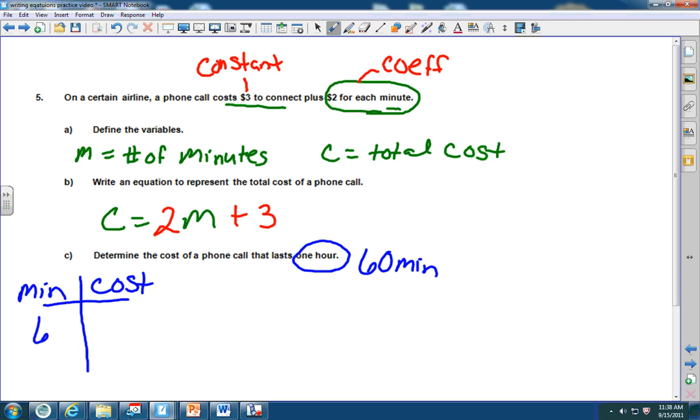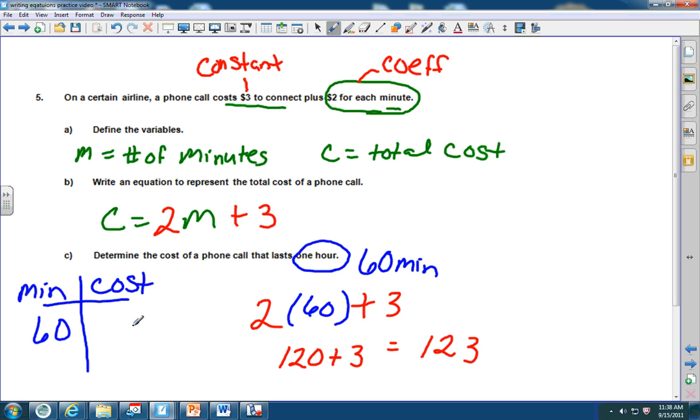So I'm going to look here where the minutes are 60. I'm going to go 2 times 60 plus 3. I have 120 plus 3 means it will be $123. Wow, that's a lot. And that's how I would find it.